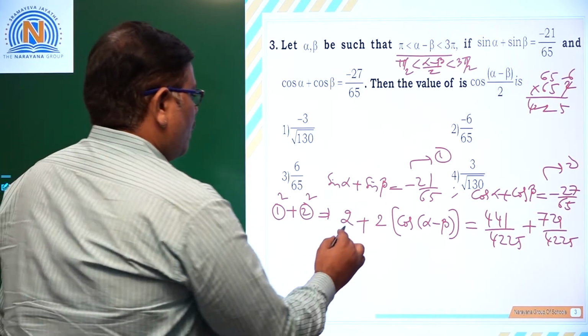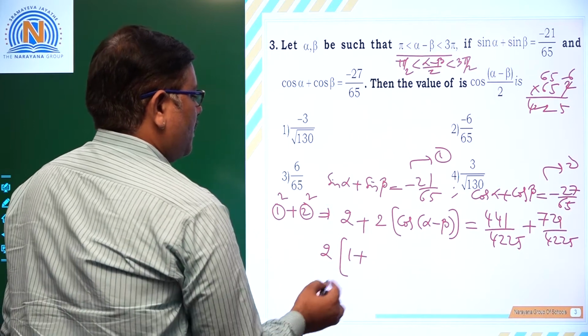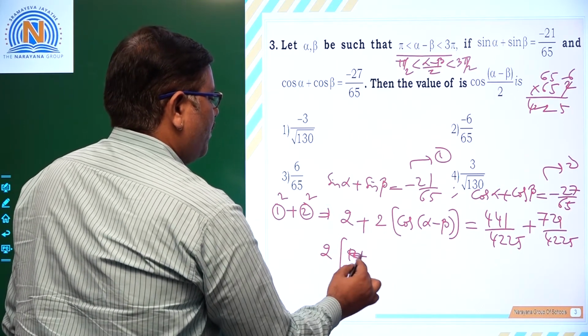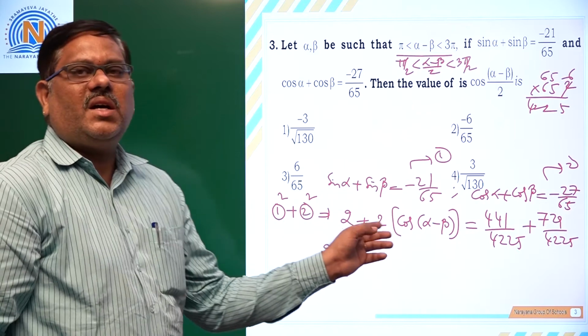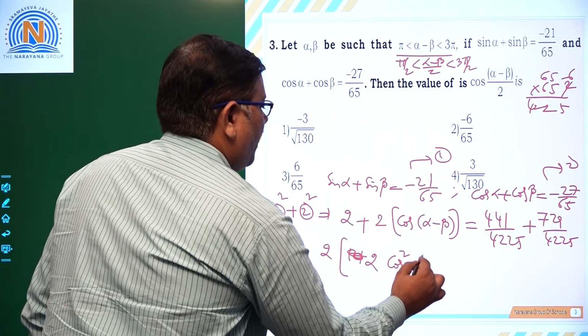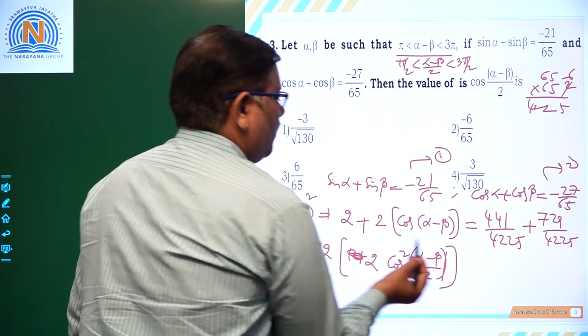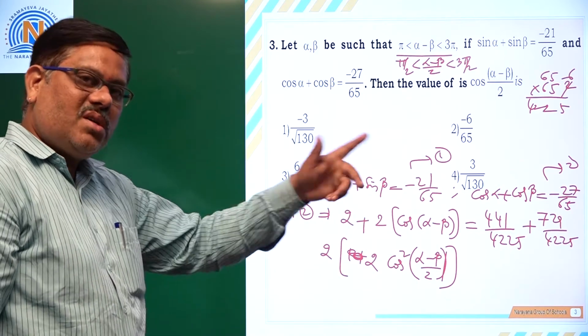So here, if you take 2 common, this value becomes 1 plus cos theta, which is 2 cos square theta by 2. It is simply 2 cos square of alpha minus beta by 2. You can write directly, because 1 plus cos theta is 2 cos square theta by 2.